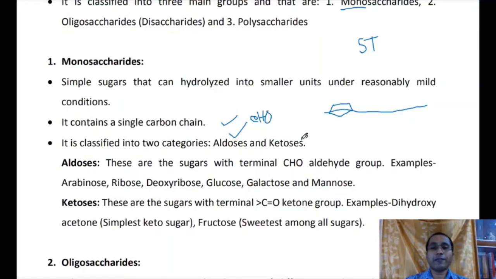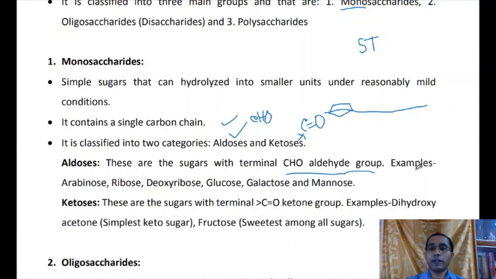Whereas if it has a ketone group, that means CO, at the terminal end, then it is called a ketose sugar. Examples of aldose sugars, with the terminal aldehyde group I mentioned earlier, are arabinose, ribose, deoxyribose, glucose, galactose and mannose. These are the simple sugars.